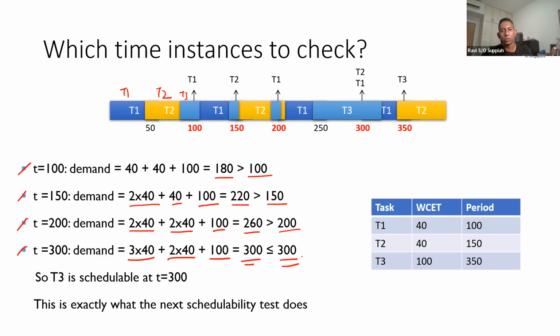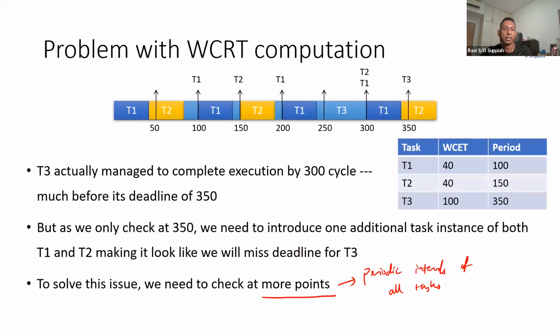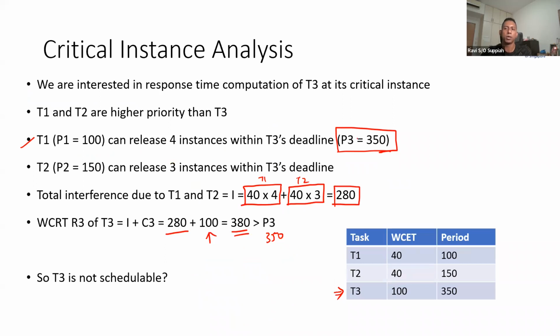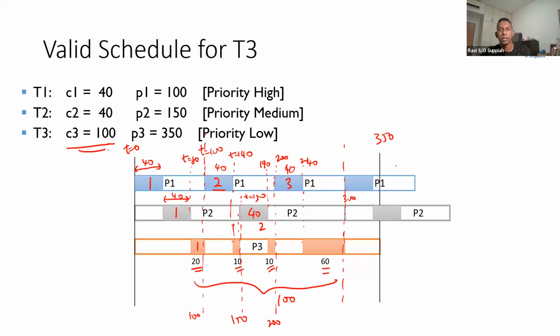Okay, so the reason the earlier example calculation made us think that it's not possible is because we looked at 350, and what happened at 350? By 350, another instance already launched. You already have a 4th instance of task 1 and another 4th instance of task 2.